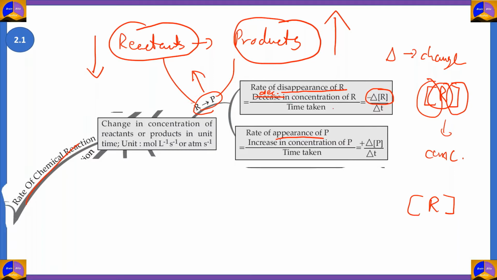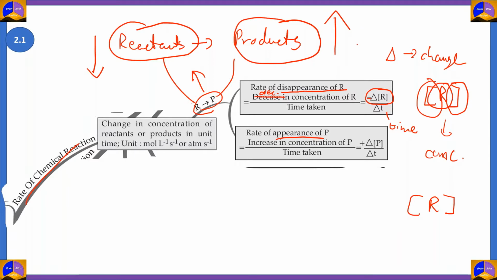So the decrease in concentration of R will be represented by a minus delta R, because minus represents decrease, delta represents change, and R in a square bracket represents concentration of R, divided by delta T. Again, delta represents change and T is for time. So since the reactants decrease in a chemical reaction, we find out the rate of disappearance or reduction of the concentration of reactants.